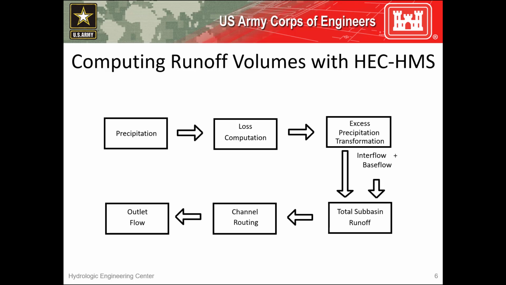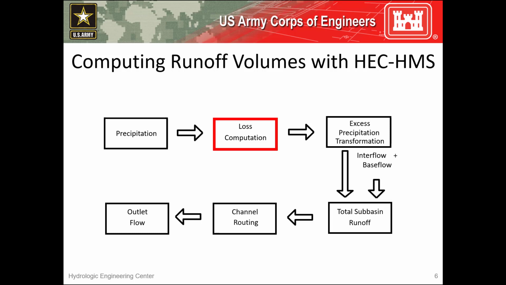A key element for the simulation of the precipitation runoff process is the determination of the portion of runoff that contributes to direct runoff. Direct runoff is the portion that enters the stream quickest and contributes the most to peak discharges, as we saw in the previous slide. And this portion of precipitation that leads to direct runoff is called excess precipitation. The difference between precipitation and excess precipitation is defined as loss.